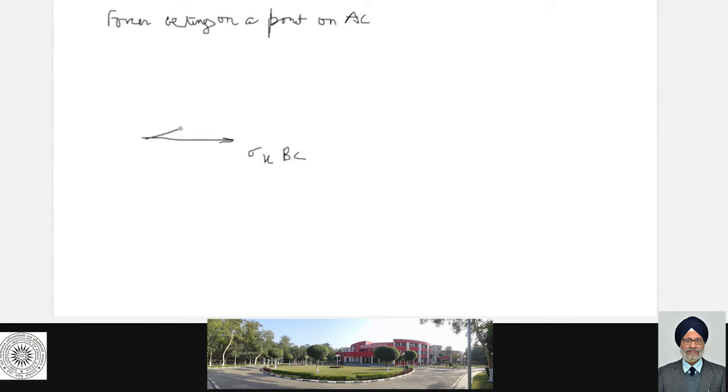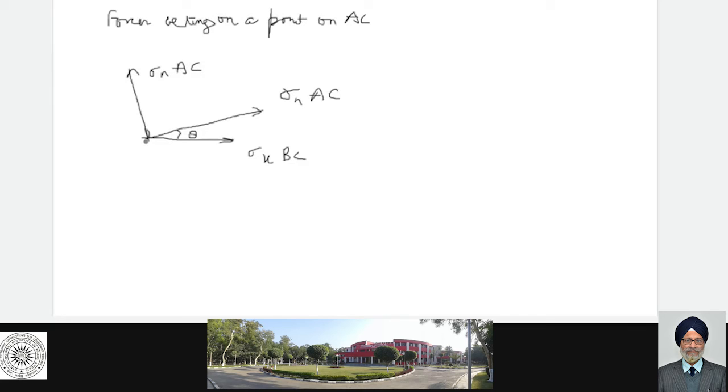We are having the plane which is inclined at angle theta. So this is AC. So this side it will be sigma n into AC. And then we are having a perpendicular component to this, which will be sigma t into AC.